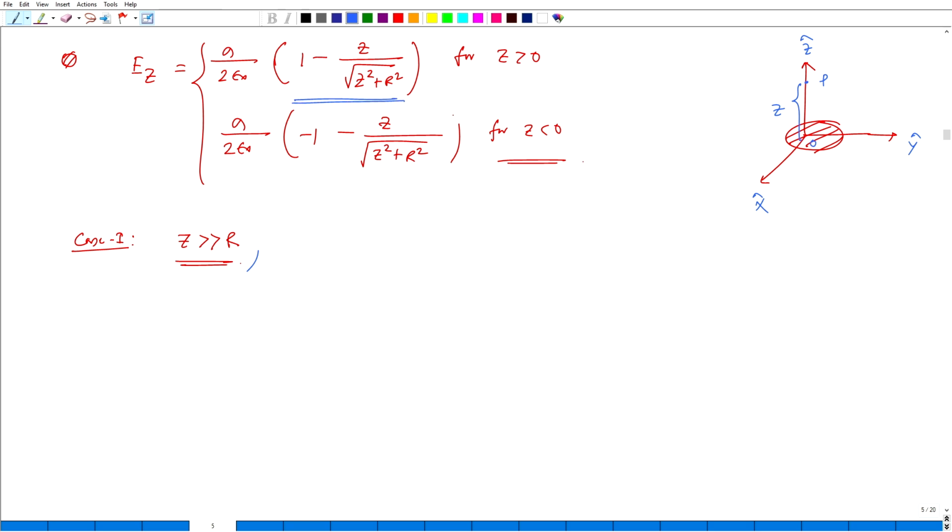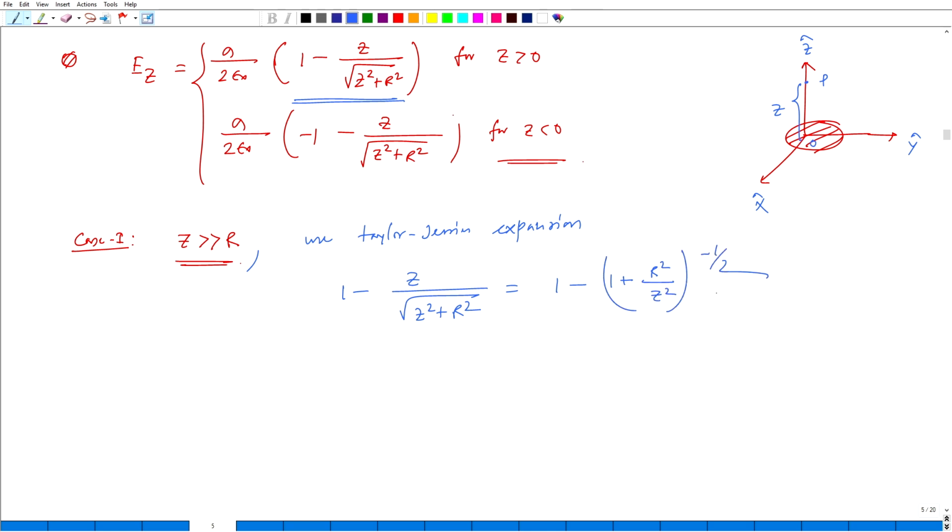So, in the case z is very much greater than r, we first expand this by using the Taylor series expansion. So, 1 minus z over the square root of z square plus r square, which is 1 minus 1 plus r square by z square to the power minus half, right.